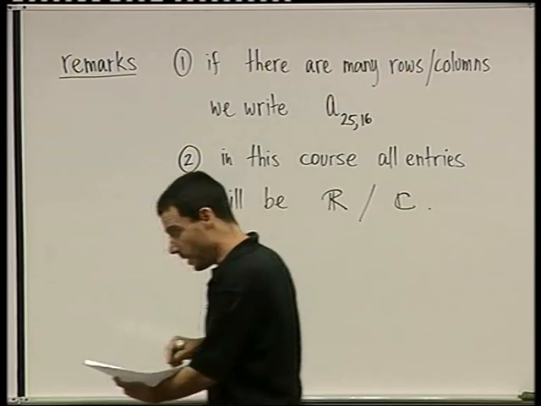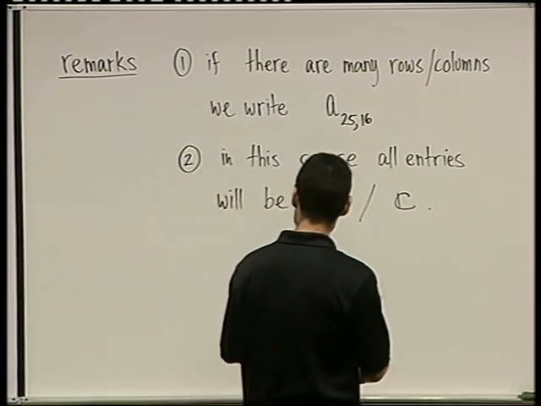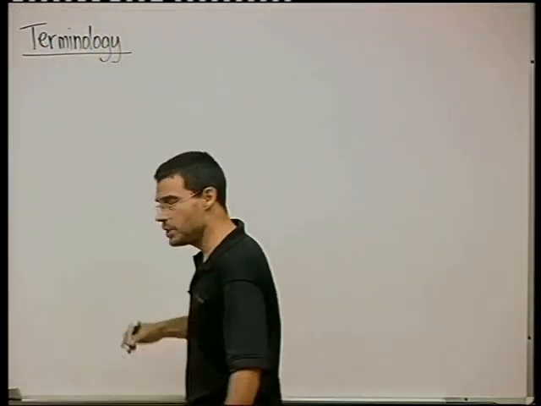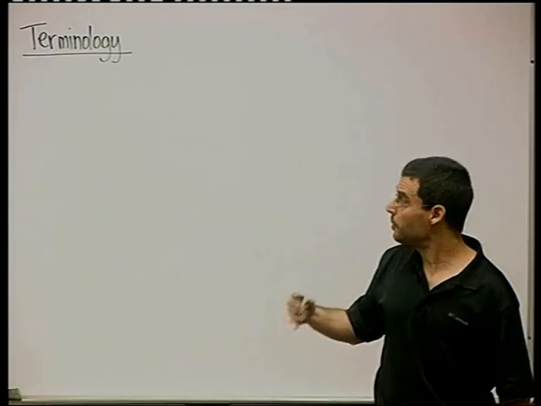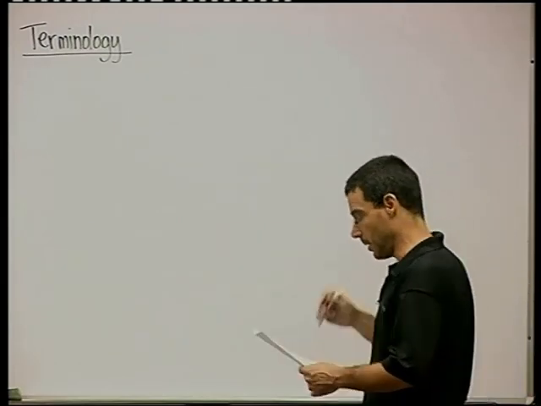Okay, so what I want to do now is present a lot of terminology related to matrices. It's really kind of a dictionary. So, terminology. And this terminology is going to go with the first bits of the theory and notation and some properties, and we'll gradually build it up.